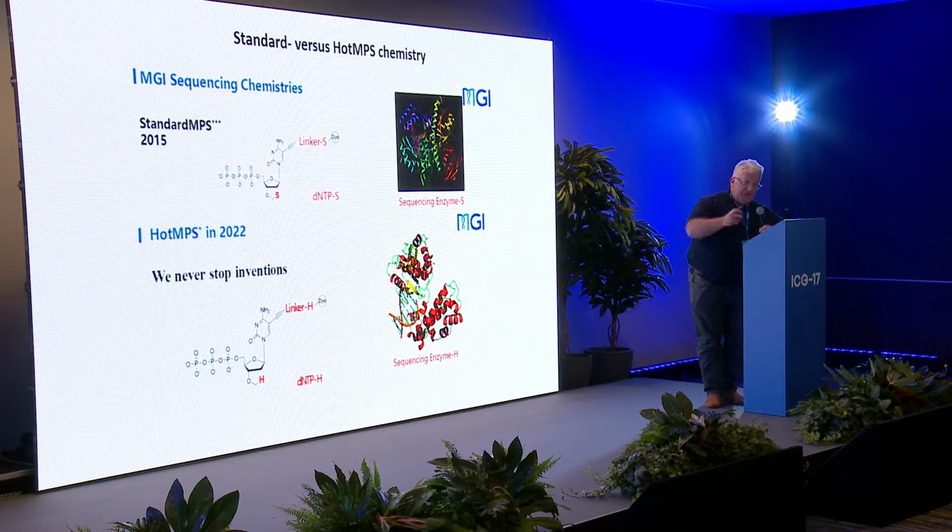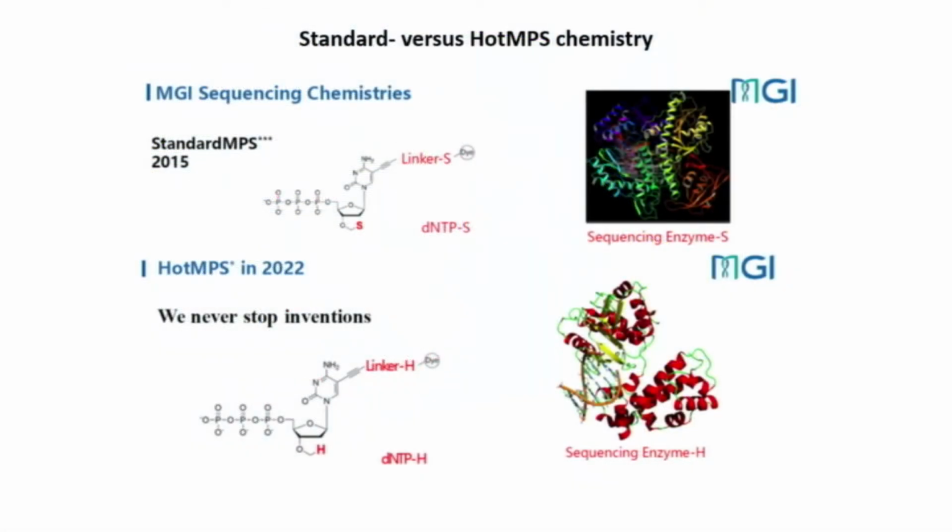So this study was carried out one or two years ago. We used the standard MPS chemistry in case of the MGI sequencing. But this year, the hot MPS chemistry became available.